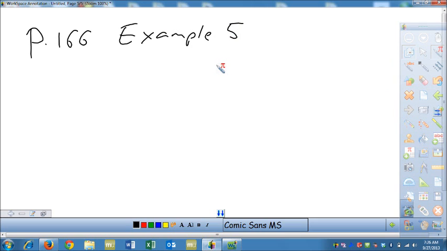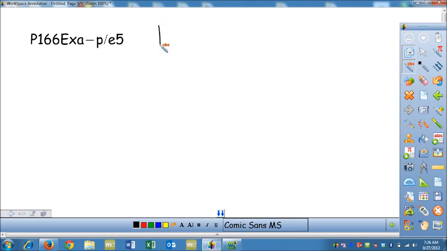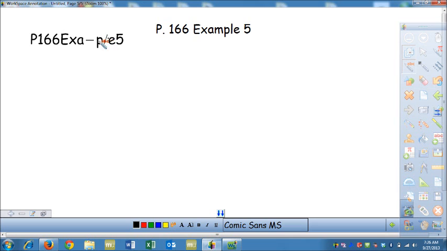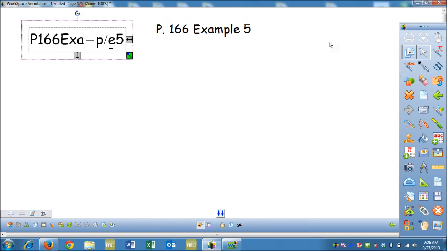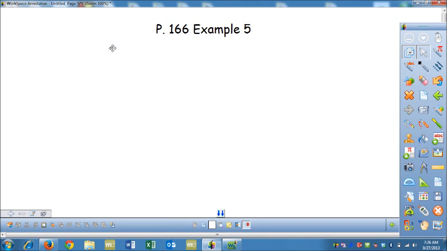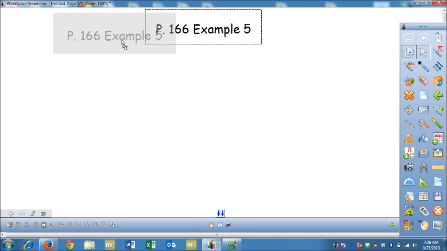Okay, try this one instead. Page 166. Example 5. So you're all getting your books, you're all finding that spot while I mess around with this thing? Okay.